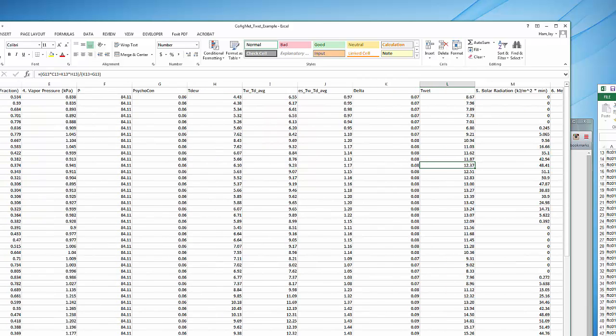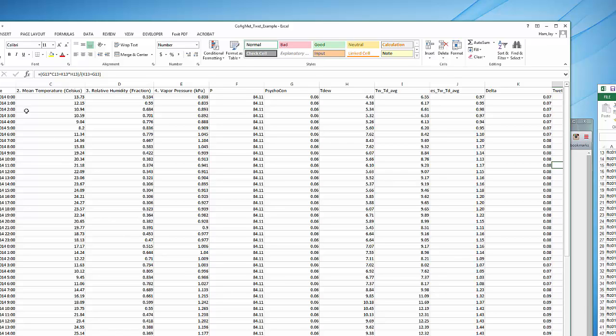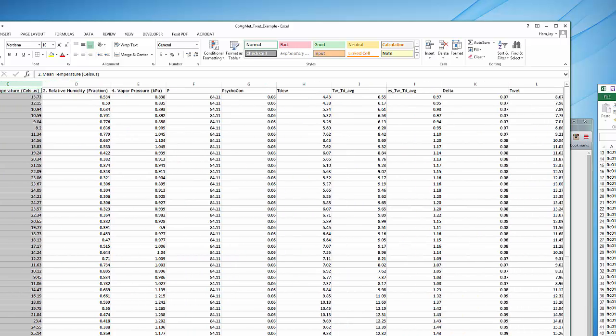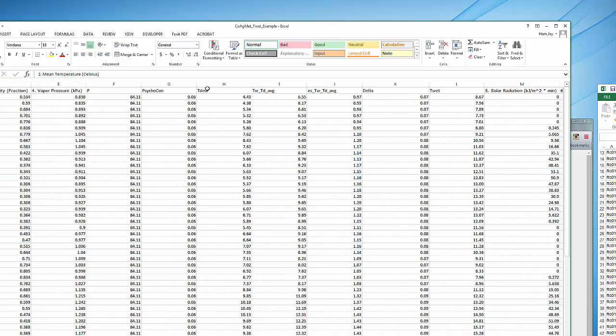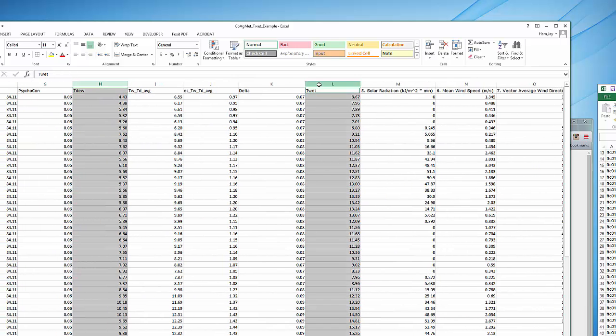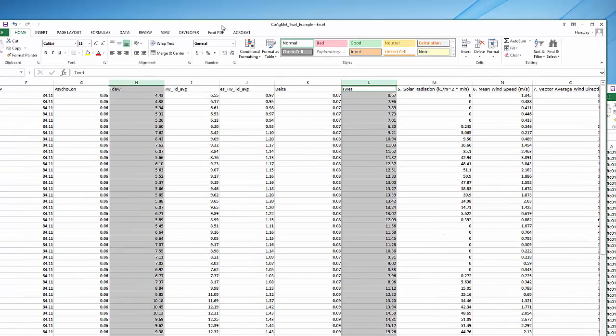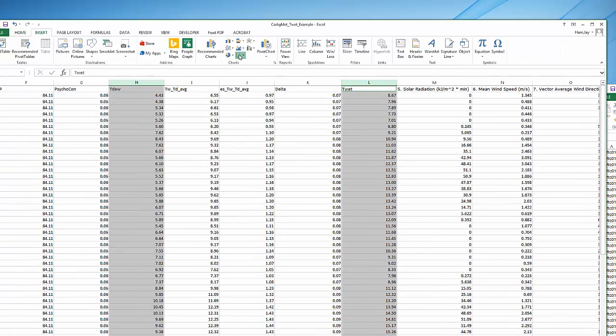Now that we have the dew point temperature, we can plot it up. Let's plot time as our x-axis, temperature, T-dew, and T-wet. Okay, and then I just say insert scatter plot.